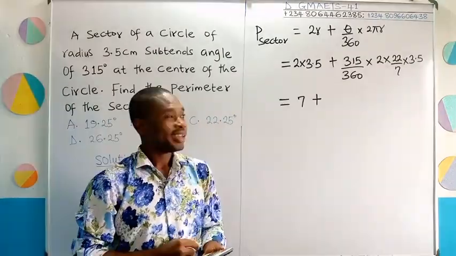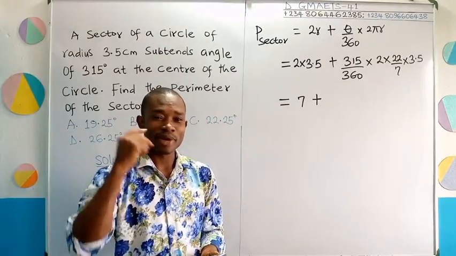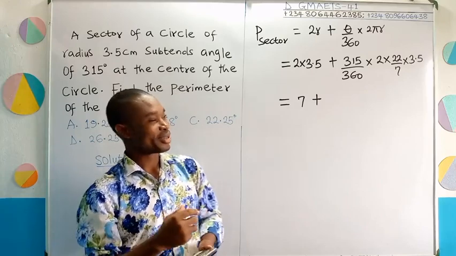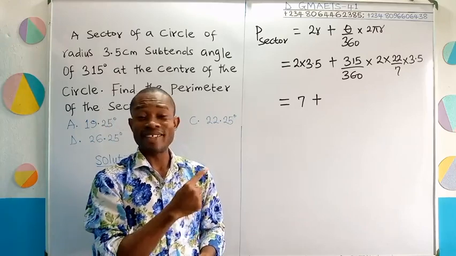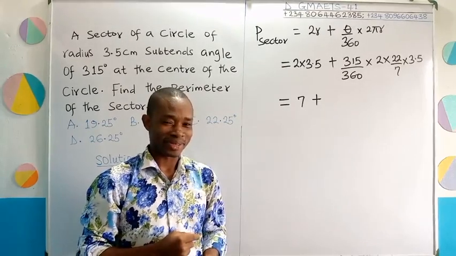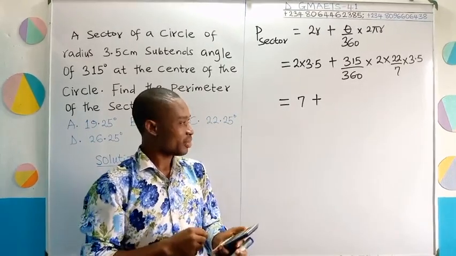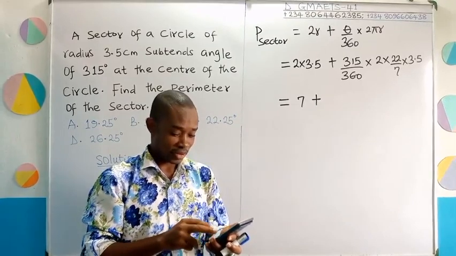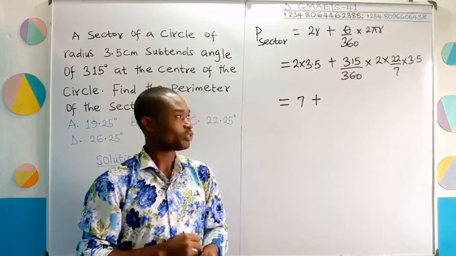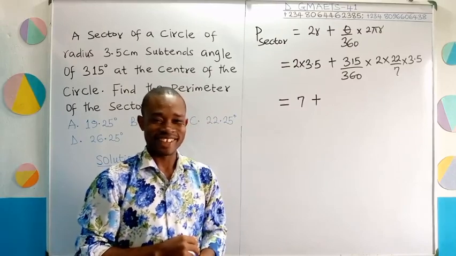Alright, so 360 times 7. I used to remember in those days when we were in school that the denominator will always give 2520 or so. Alright, I'd like to just remind myself of that. 360 times 7. Good. 2520. I've not forgotten that.